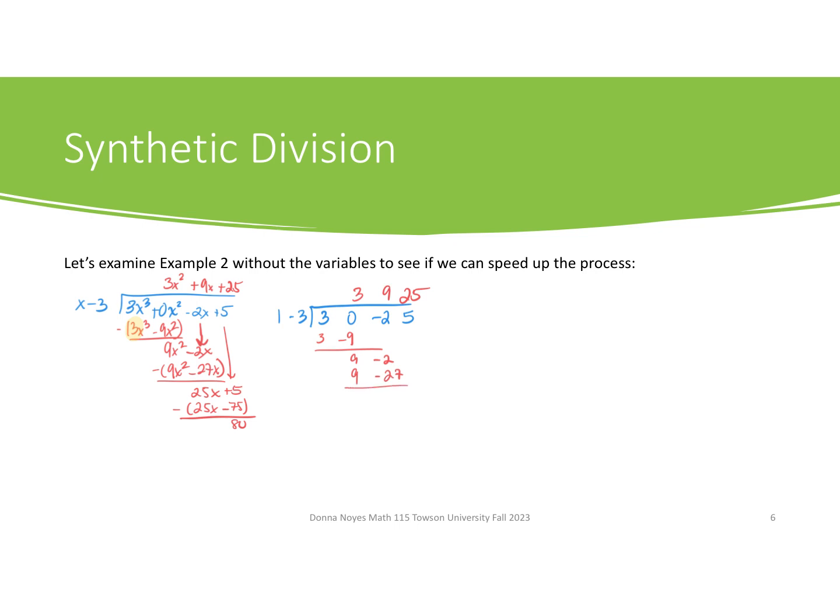And again, those came from here. And when we found that difference, we ended up with 25, and we brought down the 5. So this is the negative 2, this is the 5. And then when we did that multiplication, we got 25 and negative 75, which resulted in our 80.